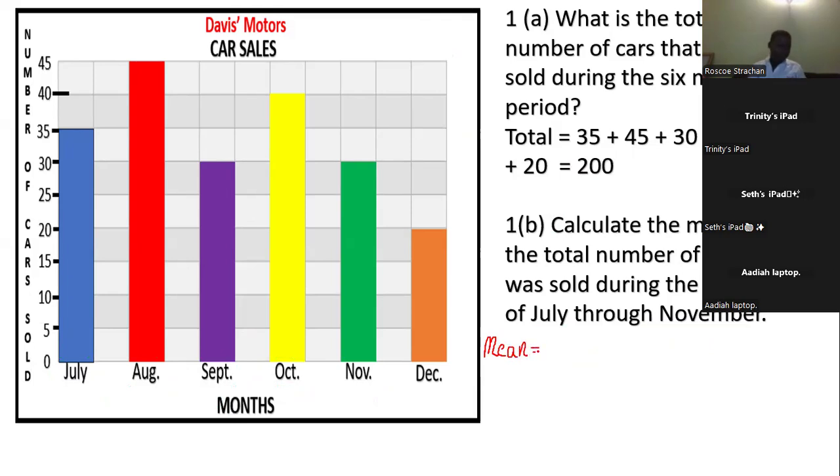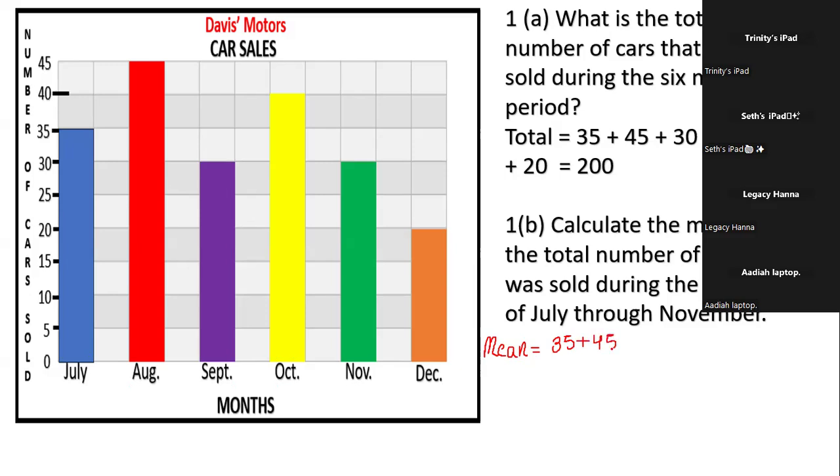So the mean is going to be what? 35 plus 45 plus 30 plus 40 plus 30. I already have my answer because I did it.